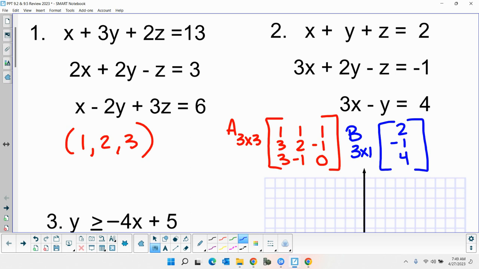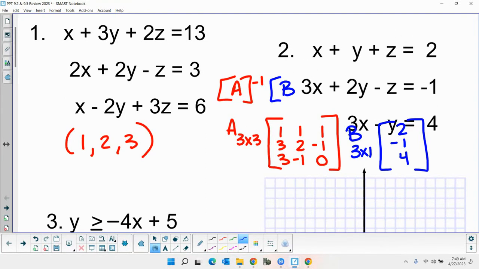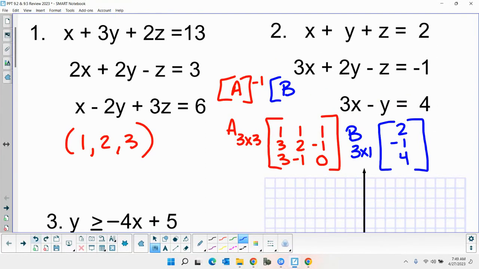Now, what you got to remember when you put all that in your calculator, but then when you try to find the answer, you have to type in A inverse B. Sometimes we forget the inverse part. All right. So that's what you type. Don't put AB, but A inverse B, and it'll give you the answer, okay?